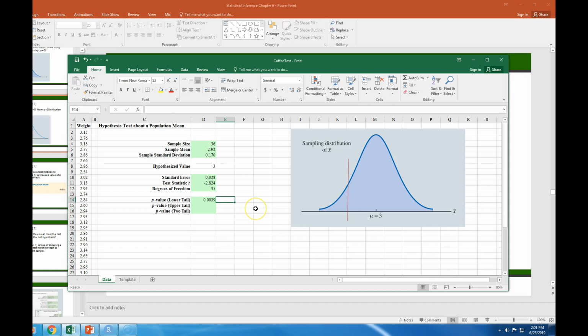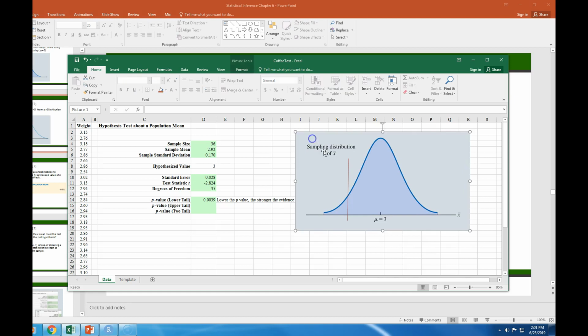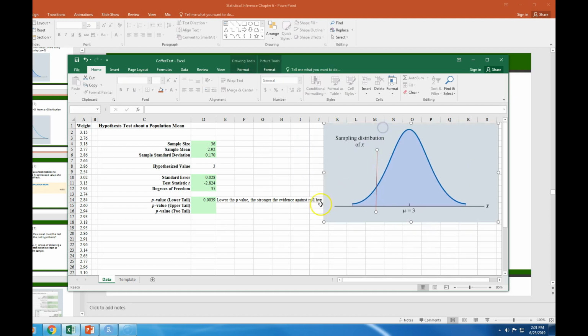So just as a rule of thumb, you should remember that the lower the p-value, the stronger the evidence against the null hypothesis. So as long as the p-value is really small, you have very strong evidence to reject the null hypothesis and accept the alternate hypothesis.